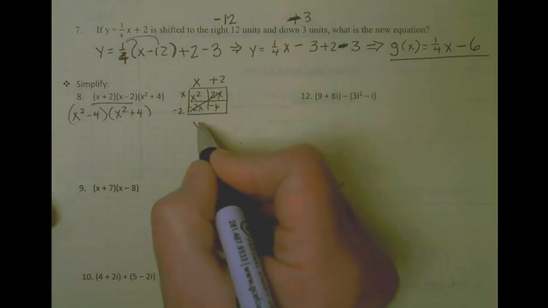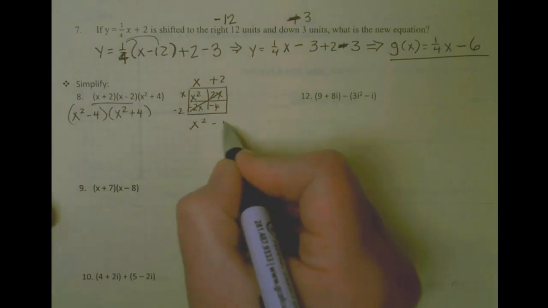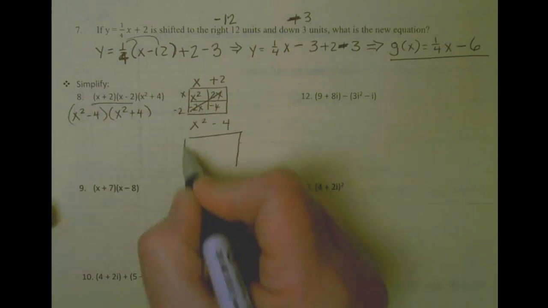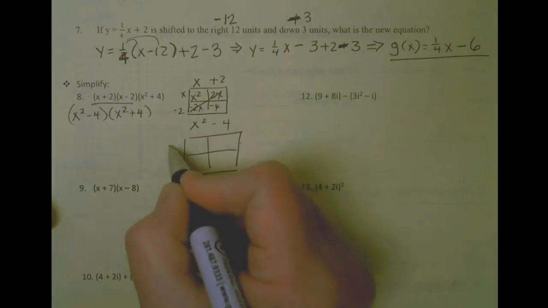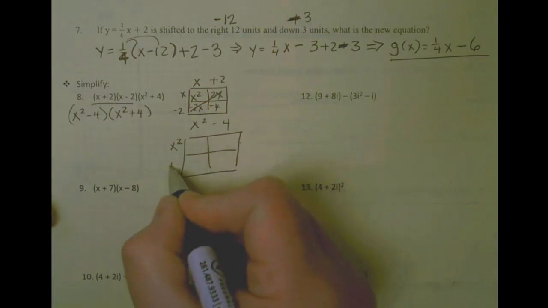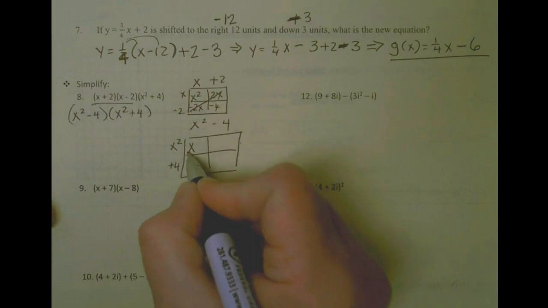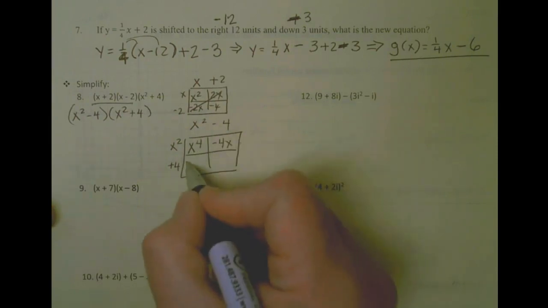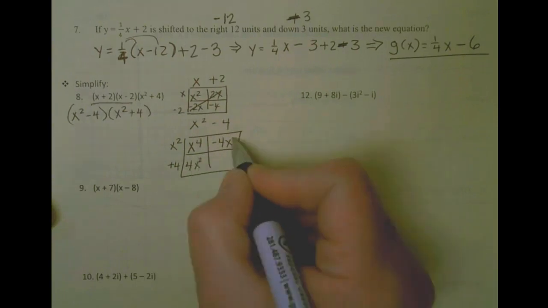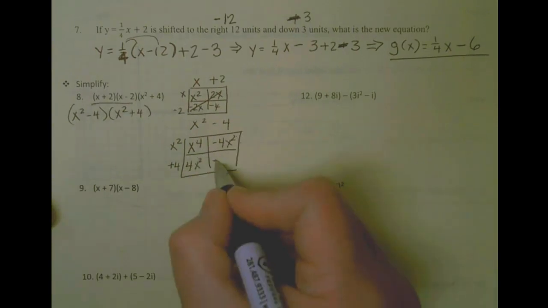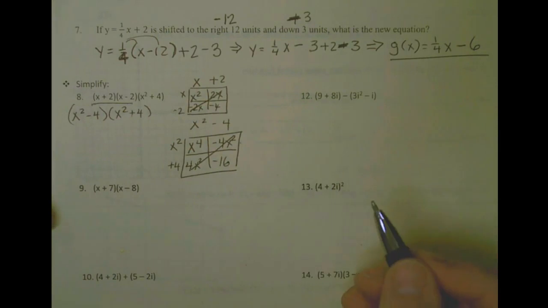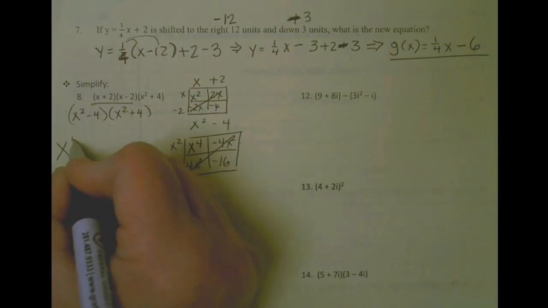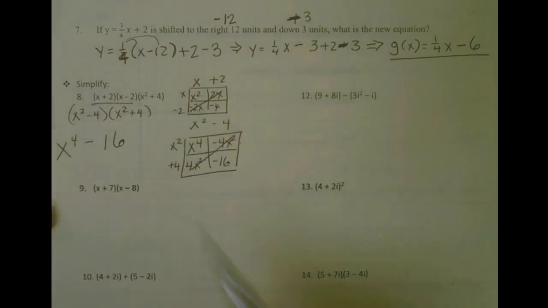And so now I need a second box problem. X squared plus 4. These will cancel out, so this will be x to the 4th minus 16.